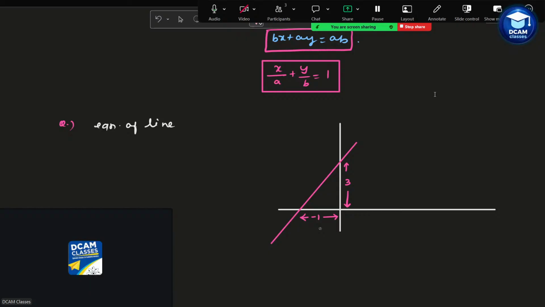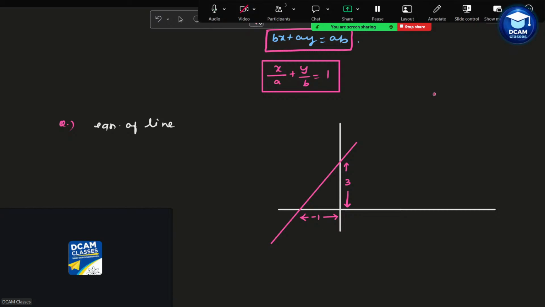So I have to give an equation only. You have to give me the equation only. Sir, I got the answer in negative.